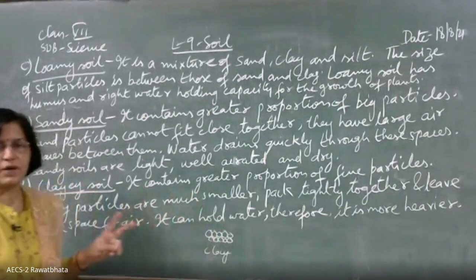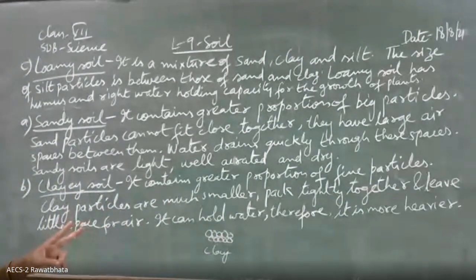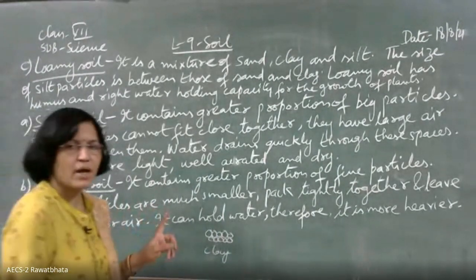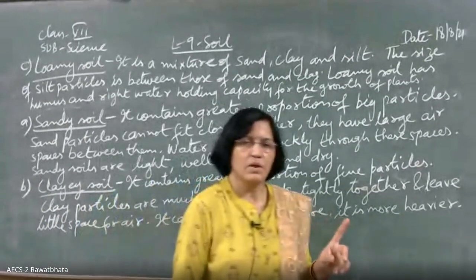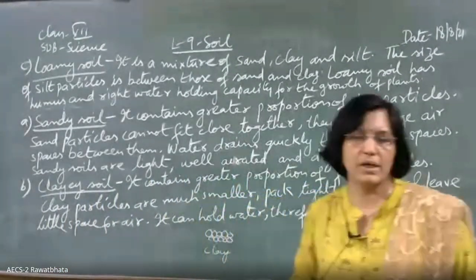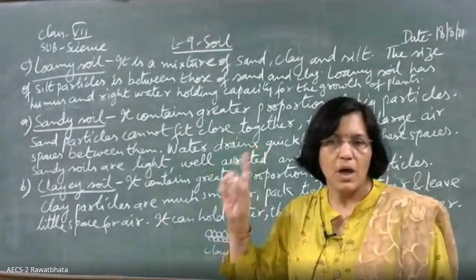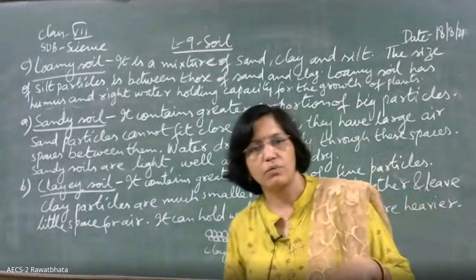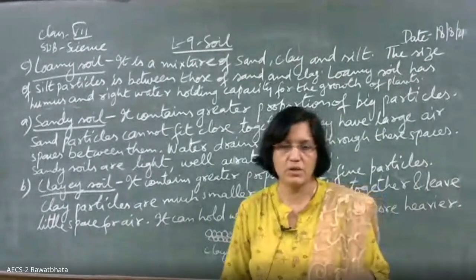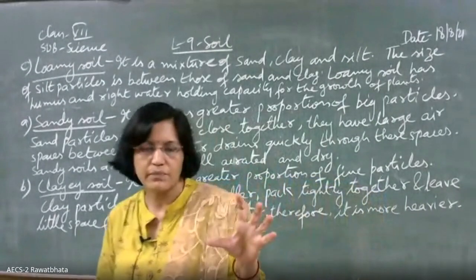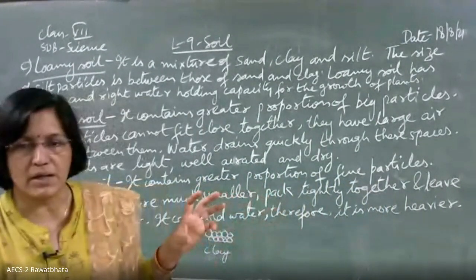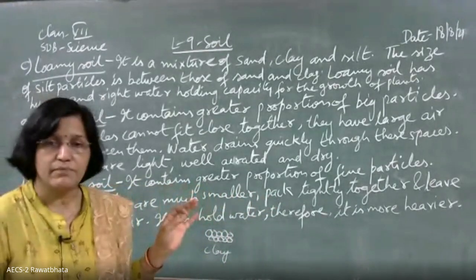Two of the words we are going to add in our explanation in the next lecture: percolation and water holding capacity. This water holding capacity I wrote in one of the answers on the board, in the loamy soil. How long it can retain the water in it, and does not allow the water to drain out. That is the water holding capacity, and that is excellent in clay soil.